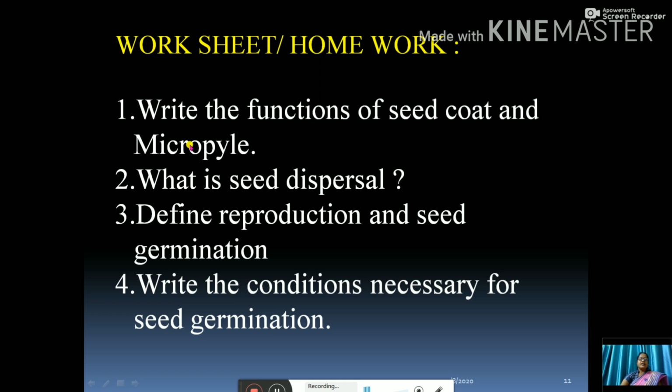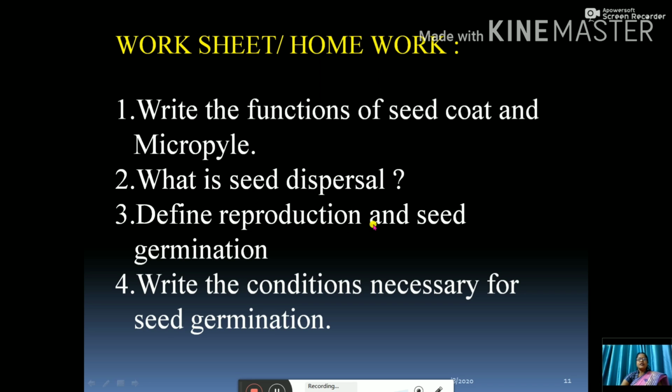So I think it can be easily done by you. But in any confusion you can consult me, so that you write the correct answer. Understood? What is seed dispersal? This is also discussed, so you can do it easily.